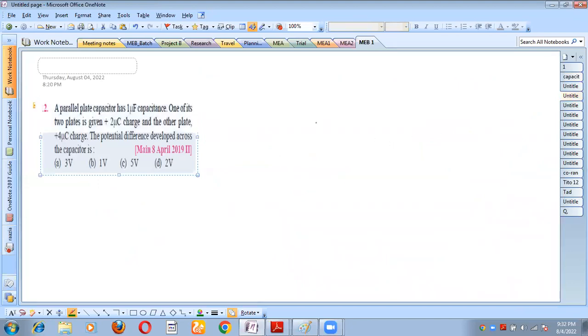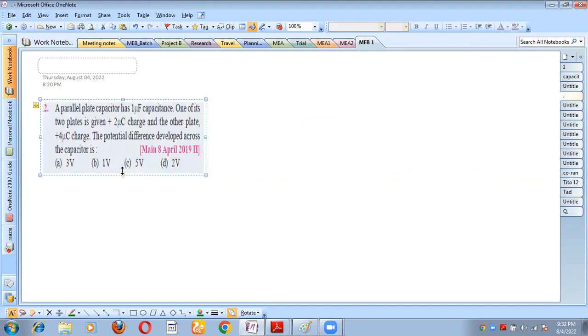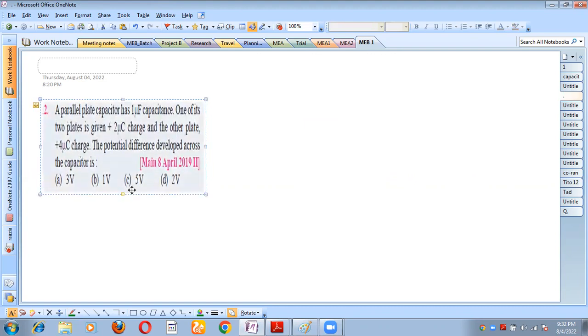See this question number 2. This has been asked in JEE Main 2019 session 2. It is based on redistribution of charges, what we have just studied. All of you try this question, then we will discuss it.